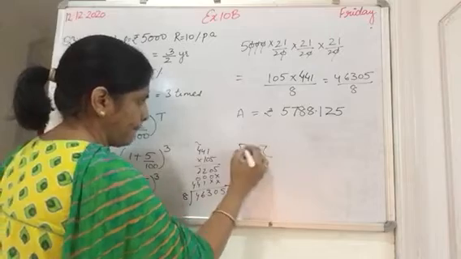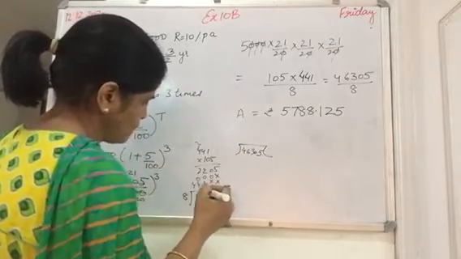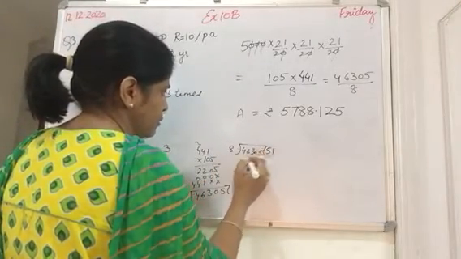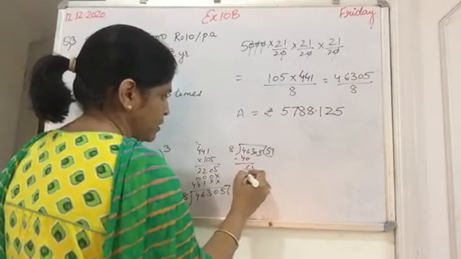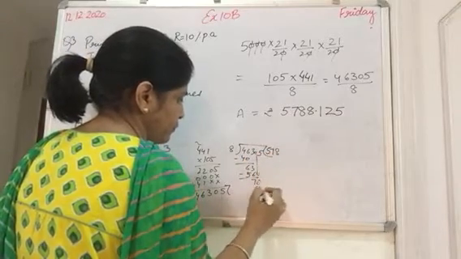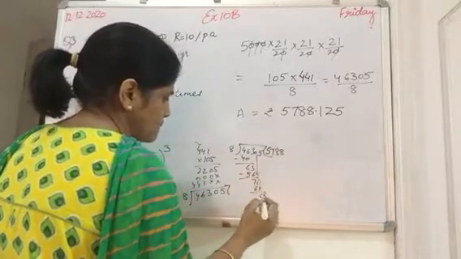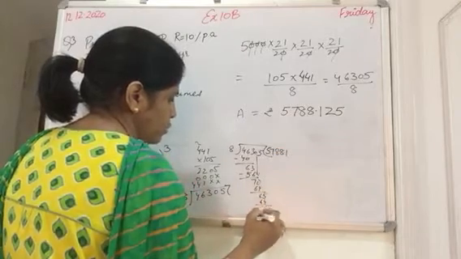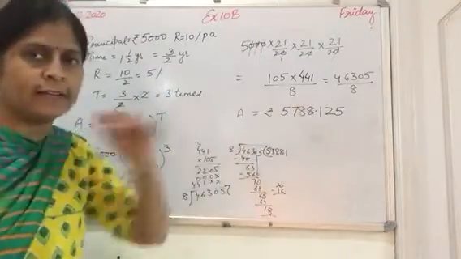Let's check. 8 and 8 5s are 40, 63, 7, 56, 70, 8, 64, 65, again 8, 10, 1, 8, 20, 16. Yes, the answer is right. This is the amount.